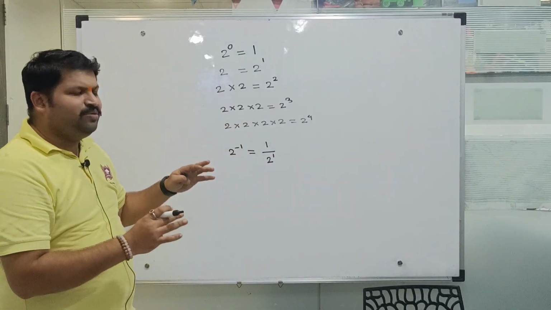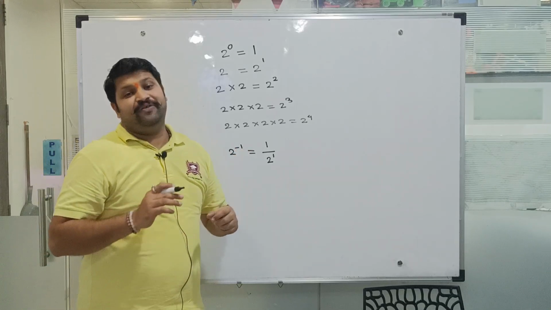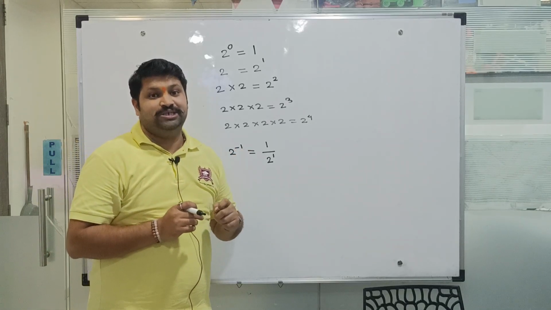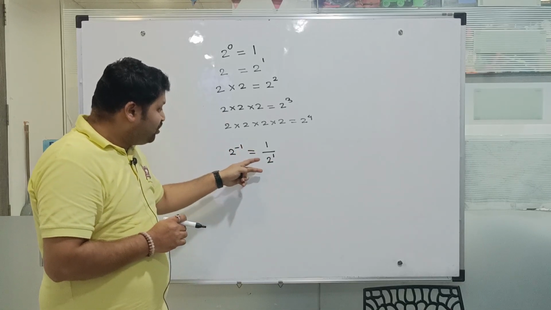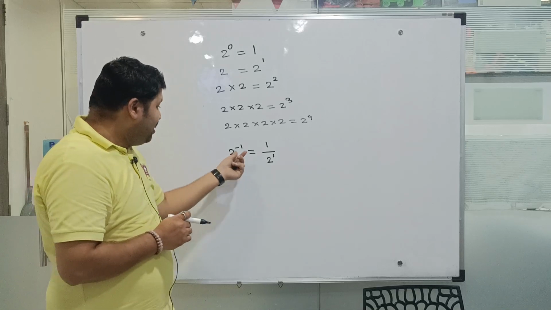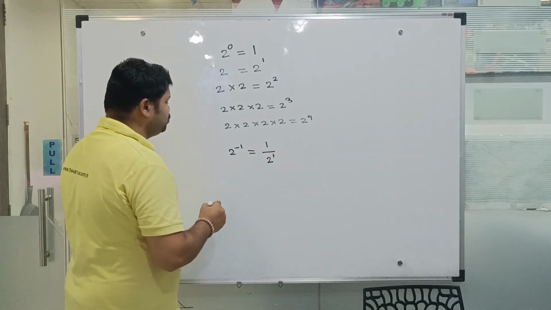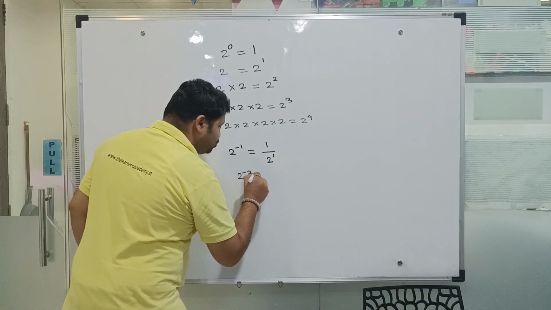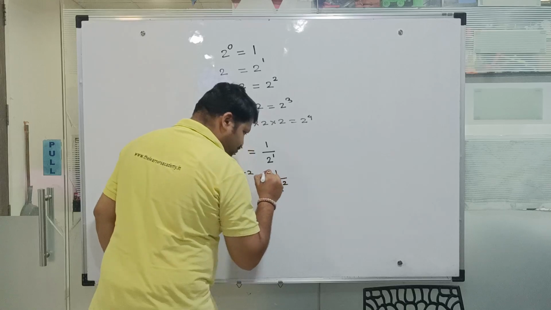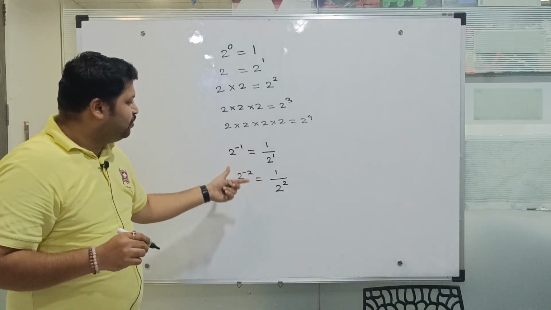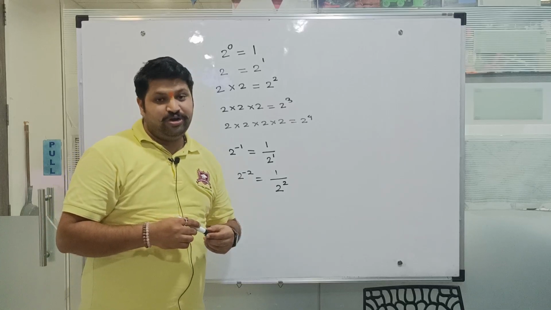So every time we write a number whose index is negative, basically we would write that number on the denominator side, and this negative index would become positive. So same way, 2 to the power of minus 2 can be written as 1 upon 2 to the power of 2. And we can keep on repeating it for minus 3, minus 4, minus 5, so on and so forth.